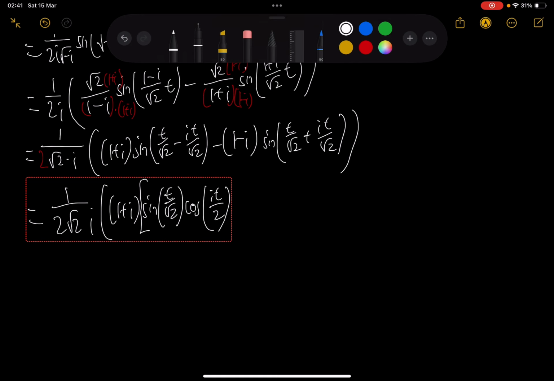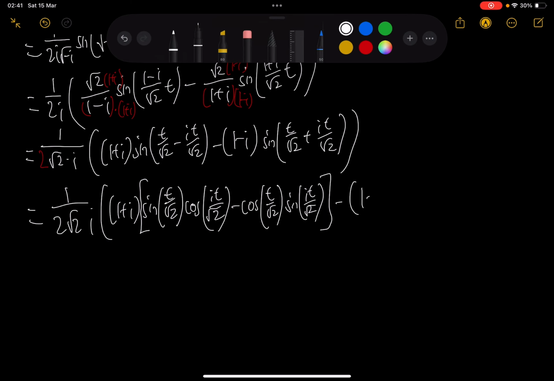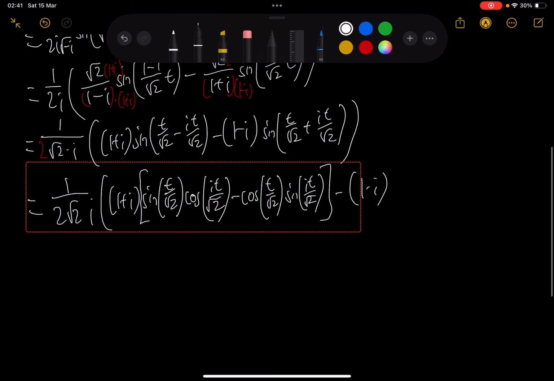And then you have a negative sign, just keep the negative sign, and then take a cosine of t over square root of 2, times sin of i t over square root of 2. Remember to put a square root of 2 here. And then we are going to get minus 1 minus i, and then times sin something plus something. So you can get, also put a parenthesis.